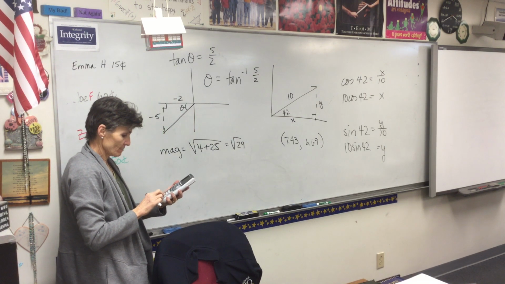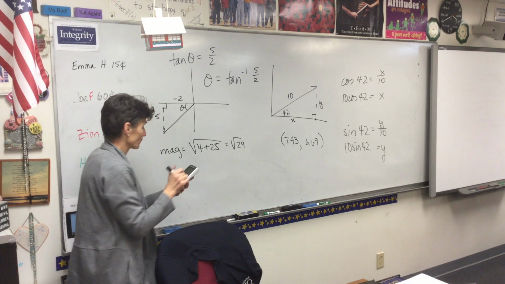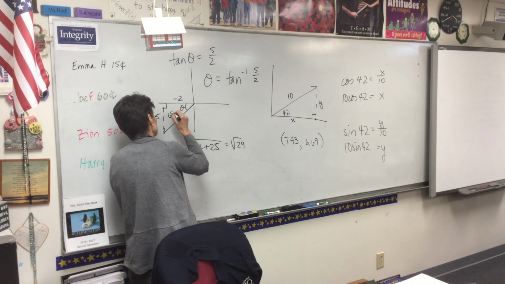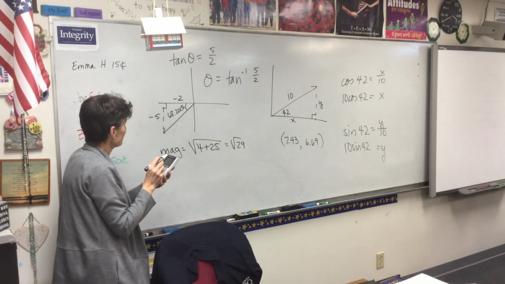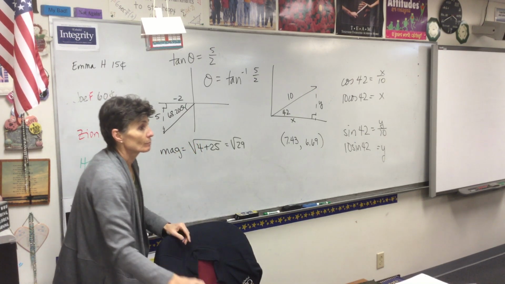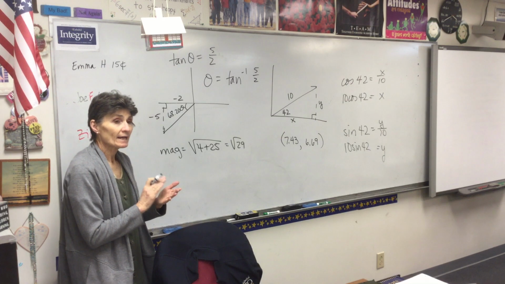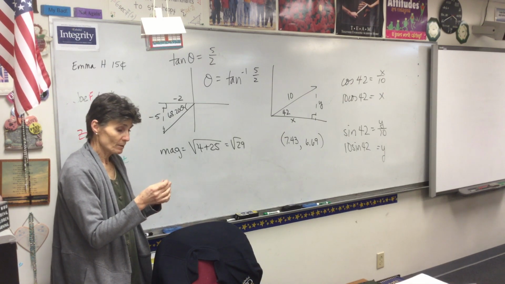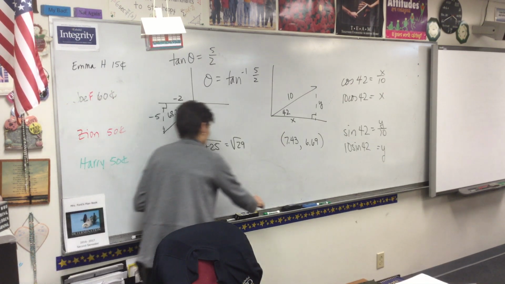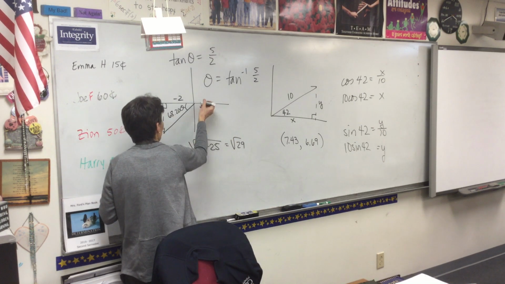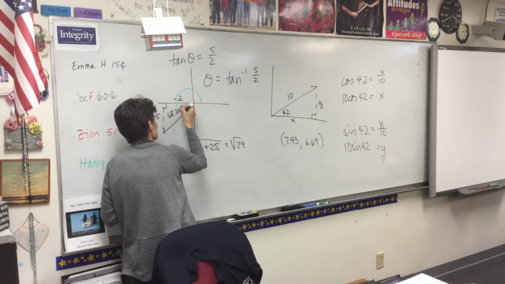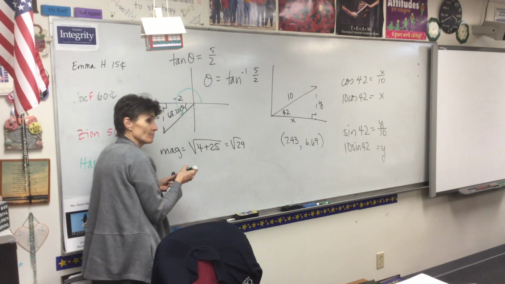What happened to the negatives? They canceled. So I got 68.20. But if you put that down, you'll be wrong, because the actual angle is this, right?